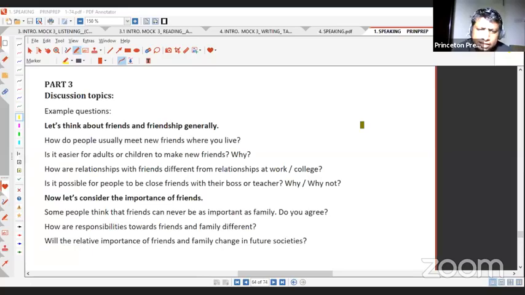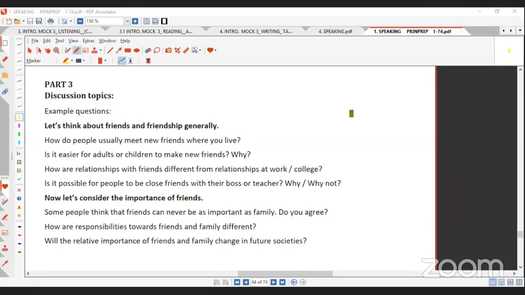Some people think that friends can never be as important as family. Do you agree or disagree? What do you think? Yes, I disagree with this proposition, because if you can utilize your friends properly, I think it will be an asset for you.